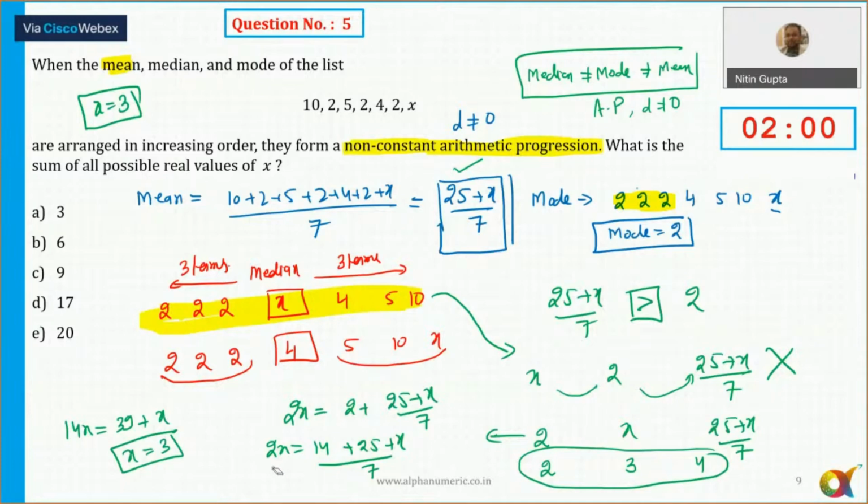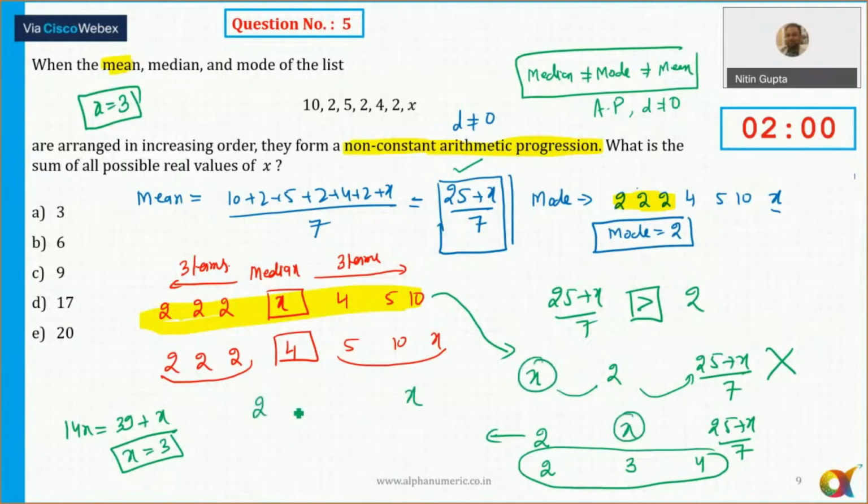Now, is there any third possibility here? In the first case also, is the case possible? The third case you might say. I can say x is the first term of the AP, x is the second term of the AP, x is the third term of the AP.